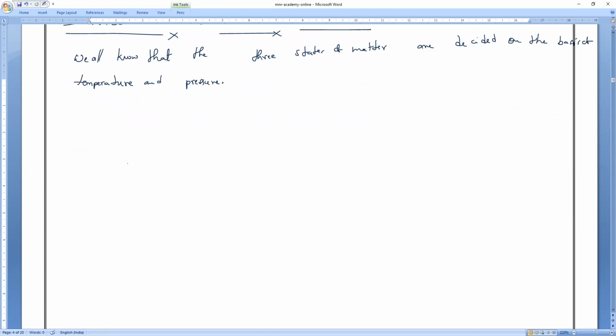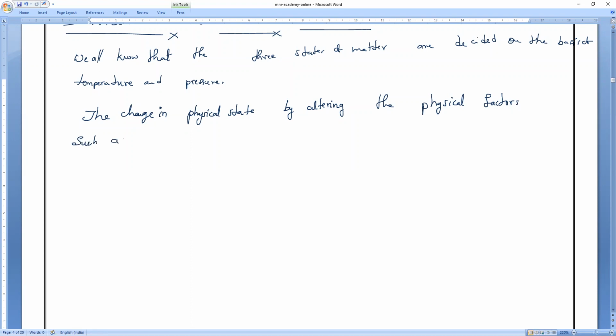Write the definition, everybody. The change in physical state by altering the physical factors. What are the physical factors?